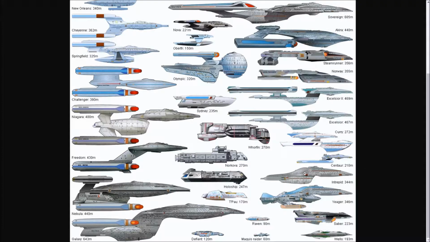Here we see the Intrepid class, only 344 meters. It's almost half the length of a Galaxy class, and it's a lot different in height as well, and width if you were to see it from a different viewpoint, but we're just looking at the profile here.